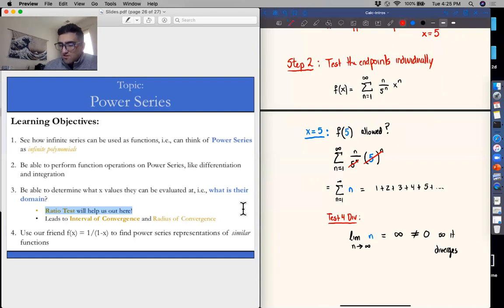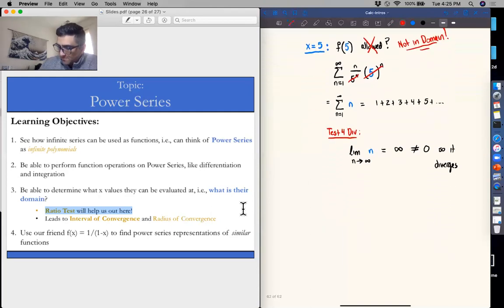So what we've just learned is x equals 5 is not allowed. Okay, so one of those endpoints, we know we can't actually evaluate that power series at 5.